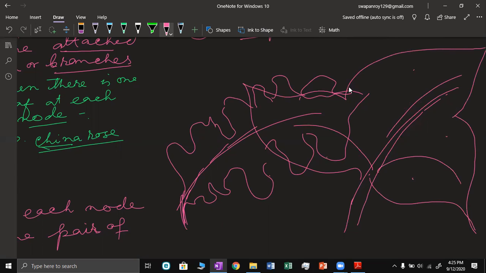But this incision has not reached up to the midrib. So though in mustard or in case of radish the leaf has a wavy margin, still this lamina is single.